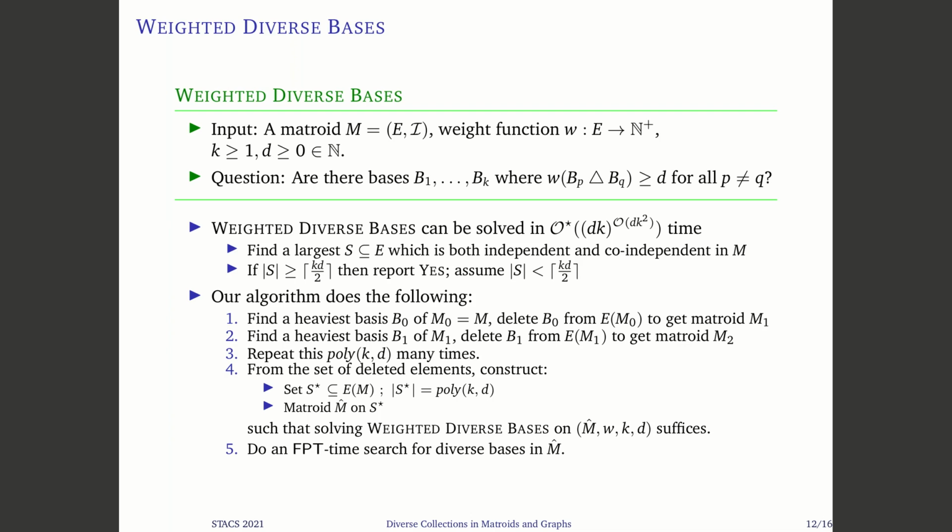which got deleted in this process, we can construct a set S star which is a subset of the original ground set, such that the size of S star is polynomial in k and d, and we can also construct a matroid M hat on S star such that solving weighted diverse basis on M hat, with parameters w, k, d, is equivalent to solving it on the original instance M, w, k, d. So what we have done is we have found an equivalent instance of size which is bounded polynomially in k and d.